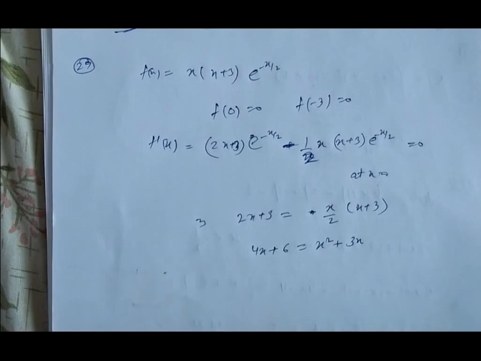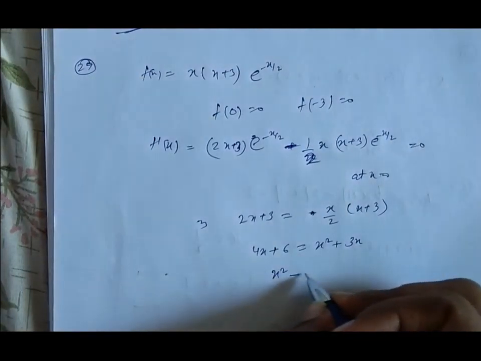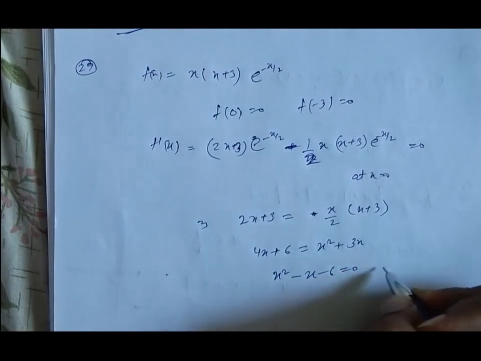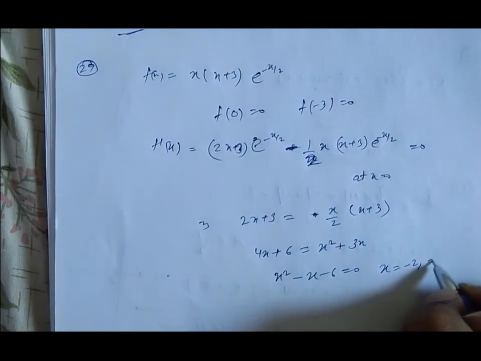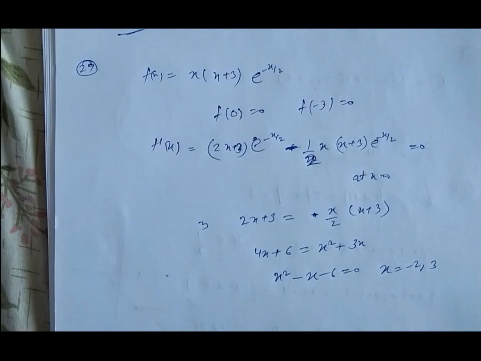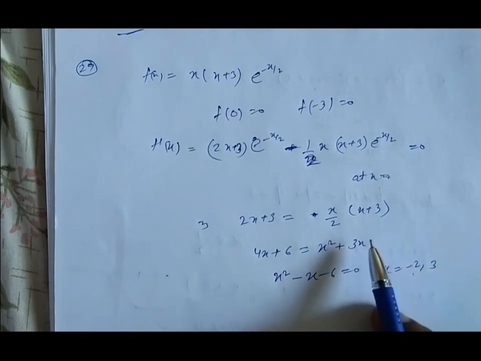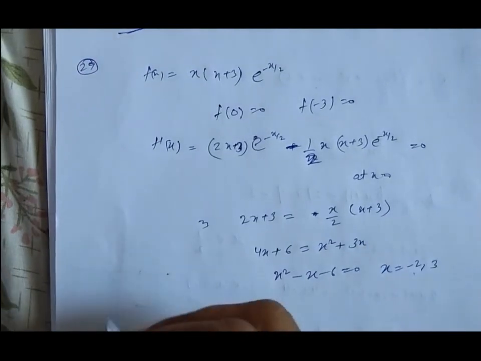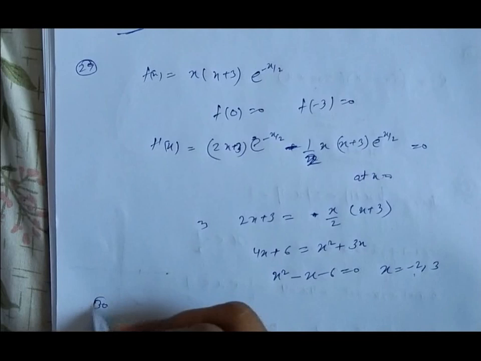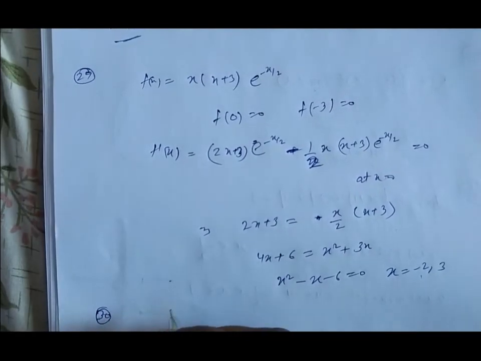Okay, so x square minus x minus 6 is equal to 0, x is equal to minus 2 comma 3. So minus 2 is the value of x which belongs to the interval minus 3 comma 0, and hence Rolle's theorem is verified.